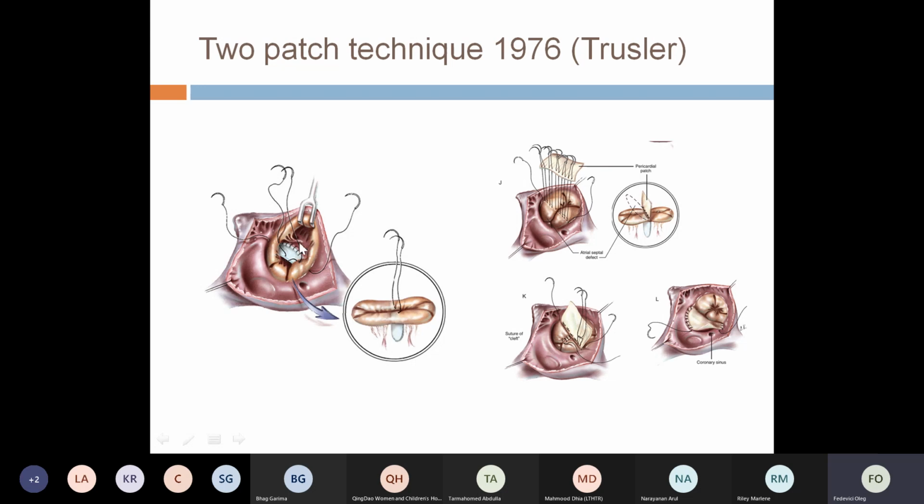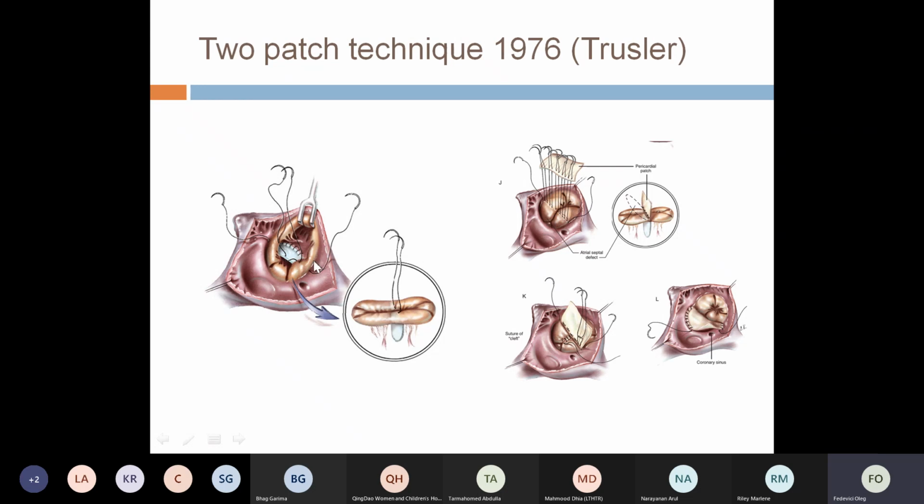So you attach it here, but to attach the second patch, you go with separate sutures through the valve, and you have to decide what's going to the left side and what's going to the right side, to balance this before you start doing the repair, because it really does matter.